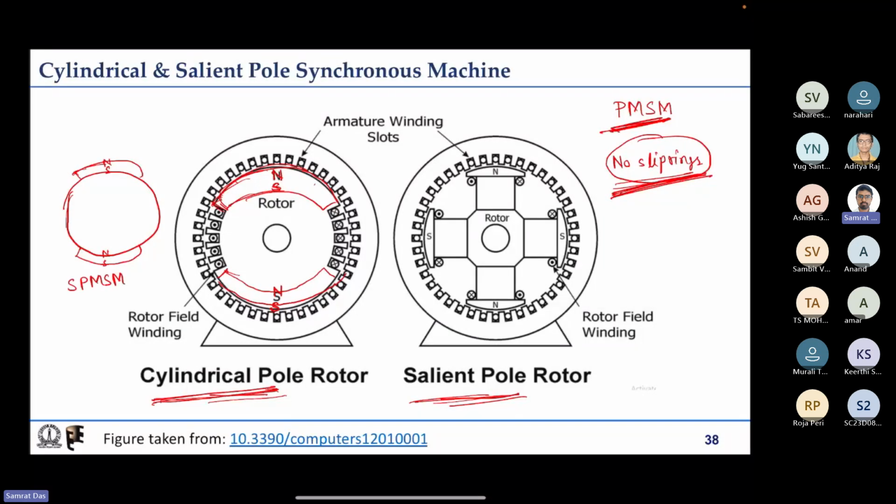Or, if this is the rotor, we can have the same magnet inside the rotor also. Same thing, it will be north south, it is the same. So this is called interior PMSM.